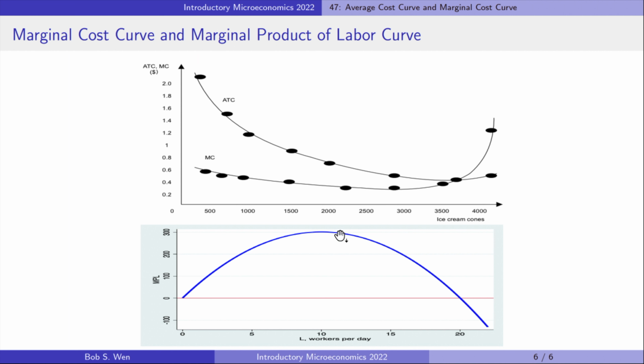In our example, when the firm employs 10 workers producing 2010 ice cream cones, the marginal product reaches its highest point, and the marginal cost reaches its lowest value.